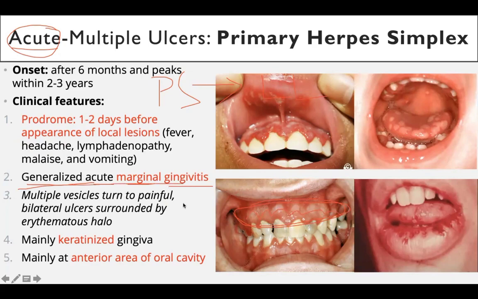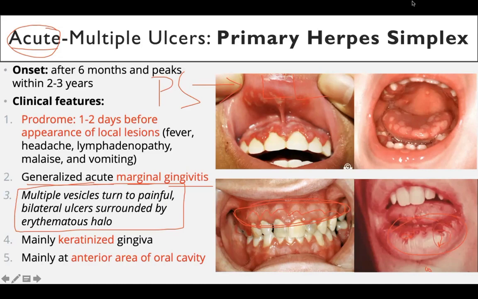Multiple vesicles turn into painful bilateral ulcers surrounded by an erythematous halo. Here, extensive version. Multiple vesicles turn into painful bilateral ulcers surrounded by erythematous halo. If you can visualize this, it's almost like 2 yellow spots.